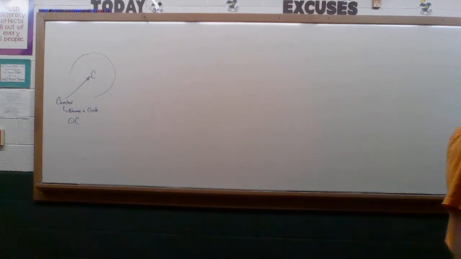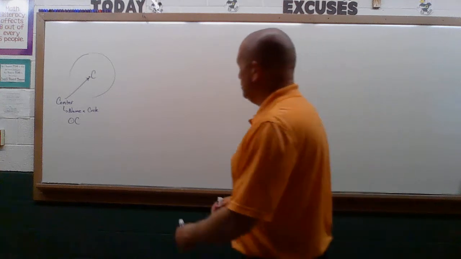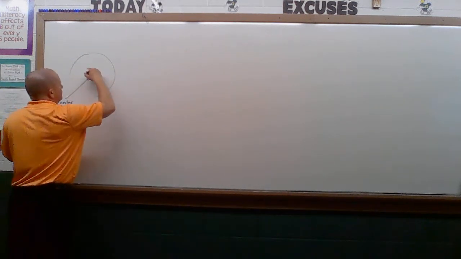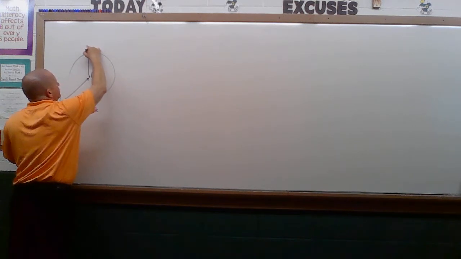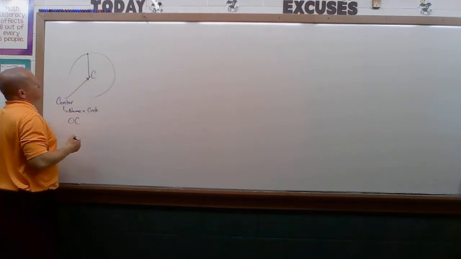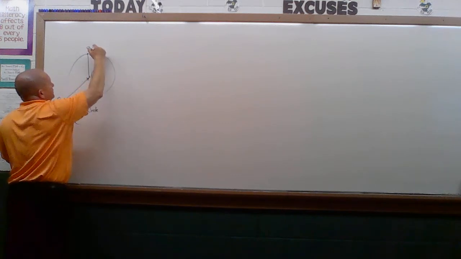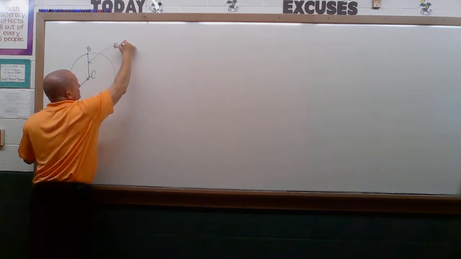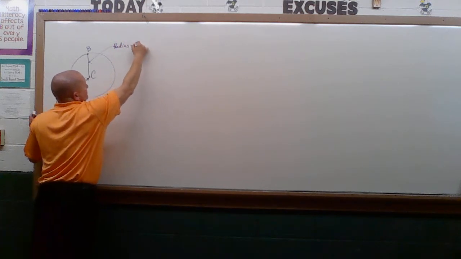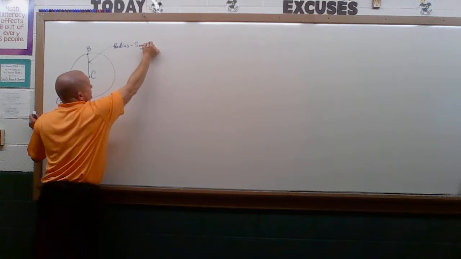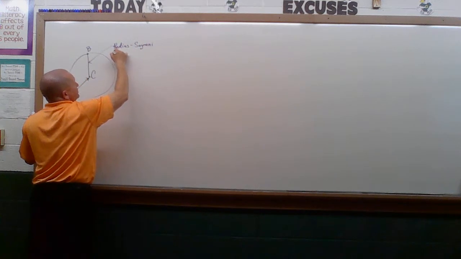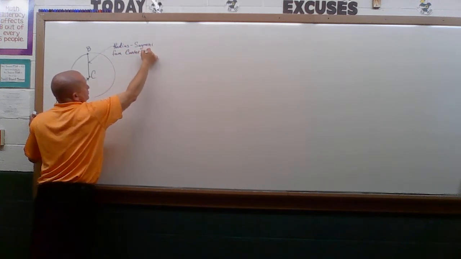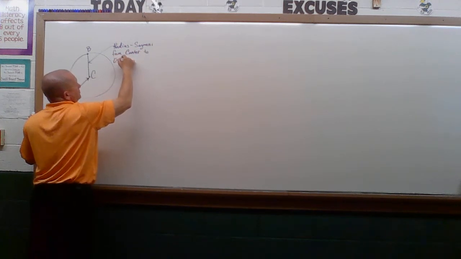What else do we know about a circle? Okay, so what is a radius? Half. So what are we going to call our radius? B. Okay. So this is a radius, and we would say it's a segment from the center to the outside of the circle.